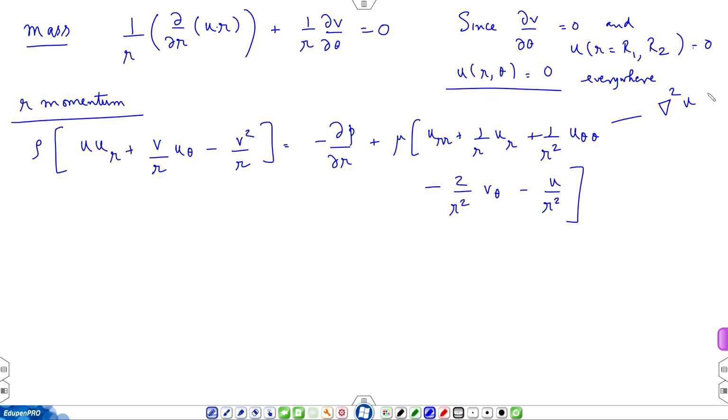But when you expand in r theta coordinates, you get all the curvature terms. In Cartesian coordinates, this acceleration term was u u x plus v u y, but you have one more curvature term, v square over r. What does v square over r remind you of? Centrifugal force, centrifugal acceleration.